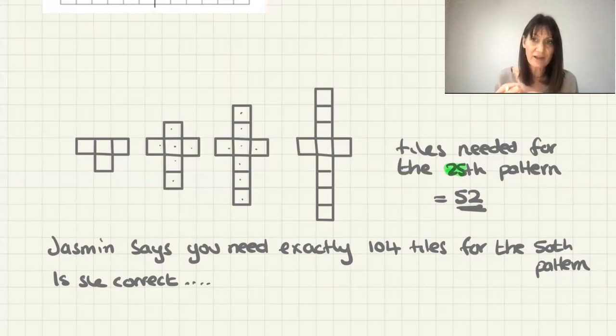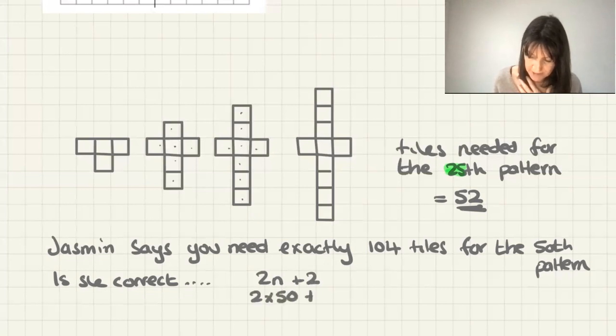So if I had to find the 50th pattern, I would be doing 2n plus 2. Remember, that was our rule. So 2 times 50 plus 2. 2 times 50 is 100. 100 plus 2 is 102. Now I can just say, no, she's wrong.